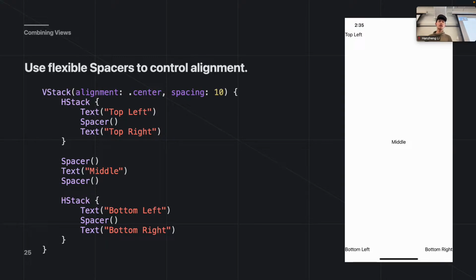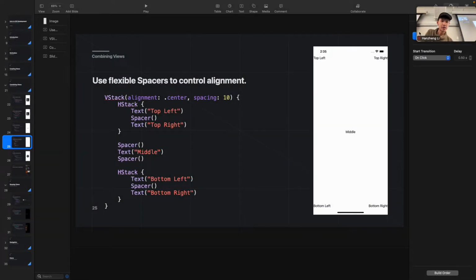Here, as you can see, I can move my face real quick, so you can see that, right? I have a spacer here, and then spacers in between the pieces of text as well that push them away from each other as far as they can, but still not off the screen. Does that make sense? Cool.